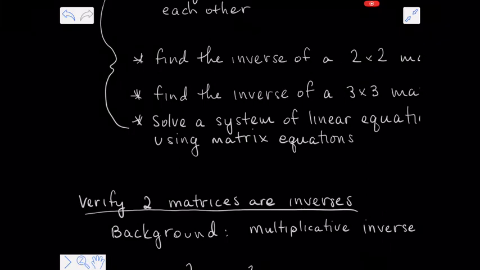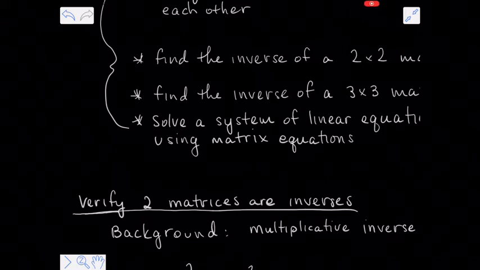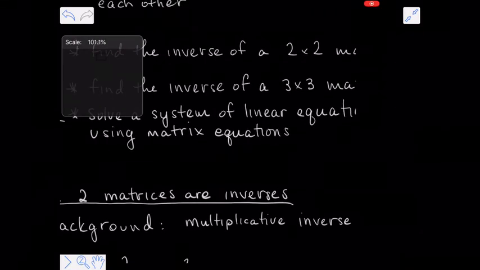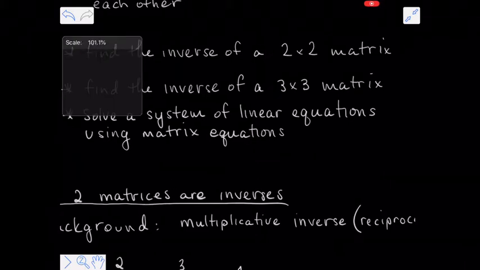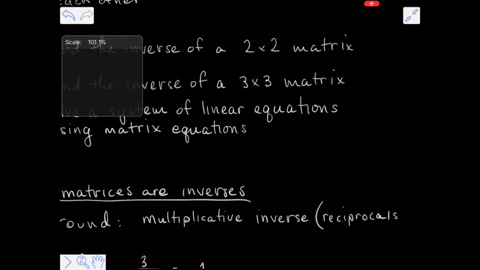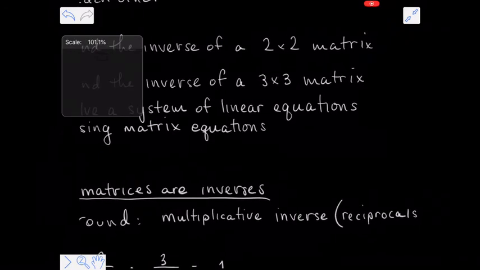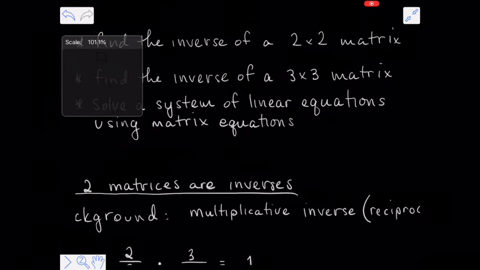So we're on this first learning target here, verifying two matrices are inverses. Before we really get into that particular topic though, I want to do a little background on something called a multiplicative inverse, also more commonly referred to as reciprocals. And I think all of you probably have a pretty good idea of what a reciprocal is.